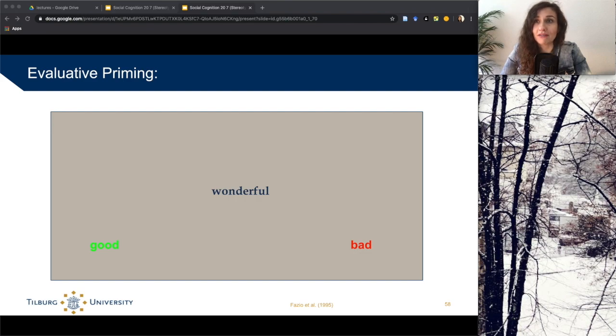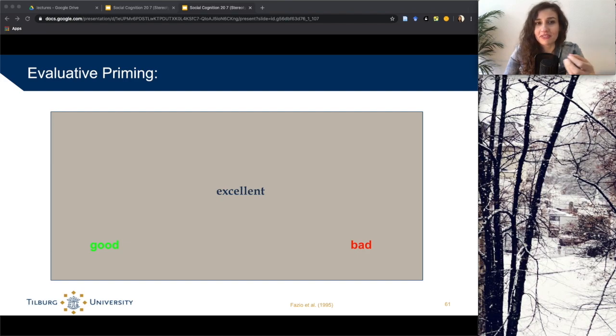And then we have our target stimulus, which in this case is wonderful, and participants are supposed to press a button whether this is good or bad. And the idea is that wonderful is always good, but if the prime that's shown before, so sunshine, matches the evaluation of the target, so matches wonderful, then it should be faster for participants to respond here than compared to a case where, in a new trial, they're primed with a negative word, death, which doesn't match the evaluation of the target stimulus, excellent.